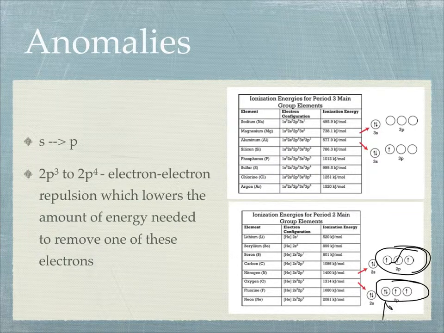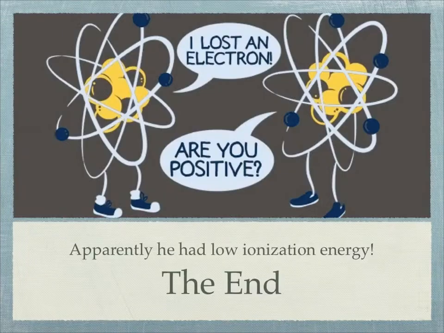And what happens is when you add that p4, you're putting that second electron in there, and there's a little more of what they call electron-electron repulsion. It doesn't take quite as much energy to pull that one out when that first starts. So those are kind of the anomalies that you see in ionization energy. And that is it.